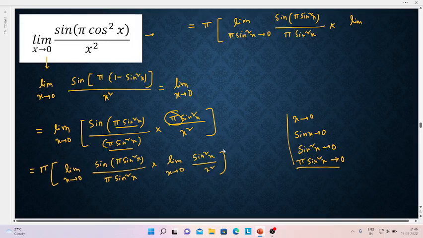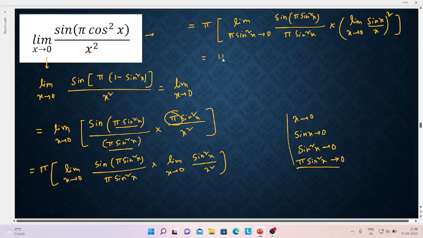You know that limit x tends to a of f(x) to the power n can be written as limit x tends to a of f(x) whole to the power n. So that can be written as limit x tends to 0 of (sin x upon x) whole square.